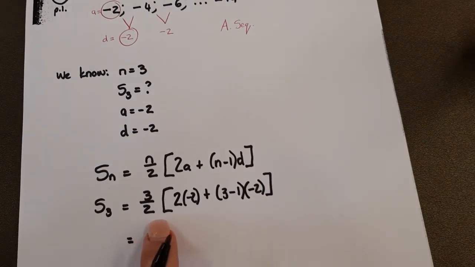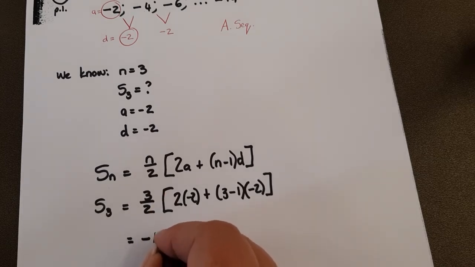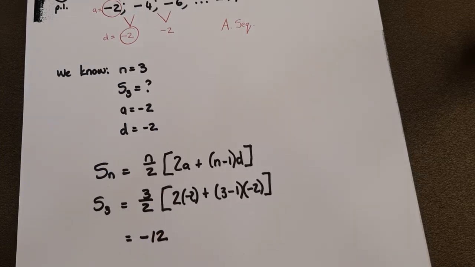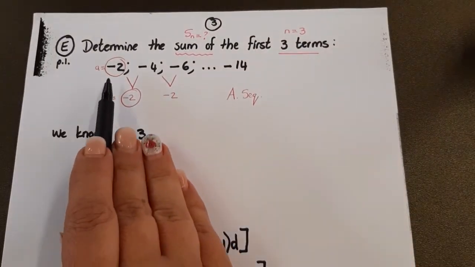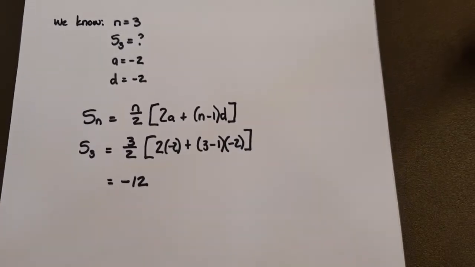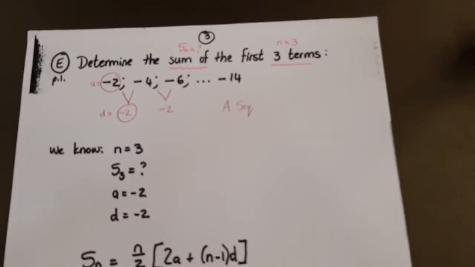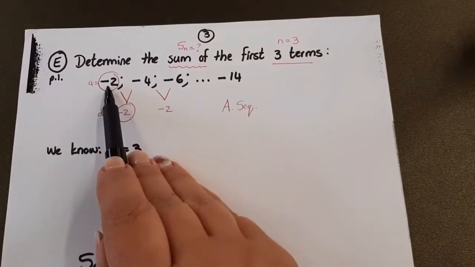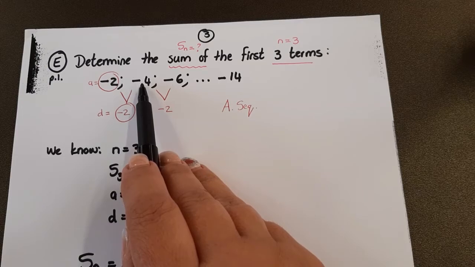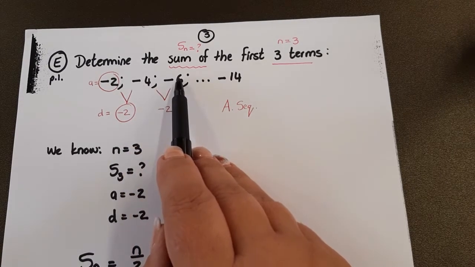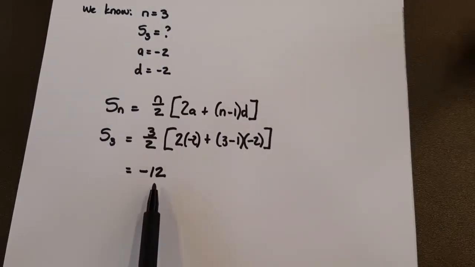If you type this in on your calculator, you will get an answer of minus 12. So the sum of the first three terms of this sequence will be minus 12. You can always double check it. Minus 2 plus minus 4 is minus 6. Minus 6 plus minus 6 is actually minus 12.